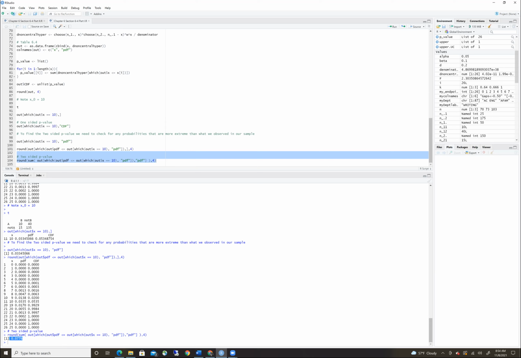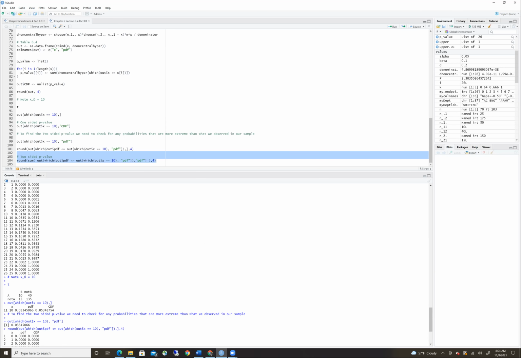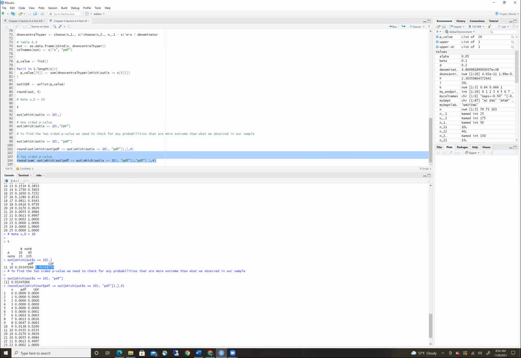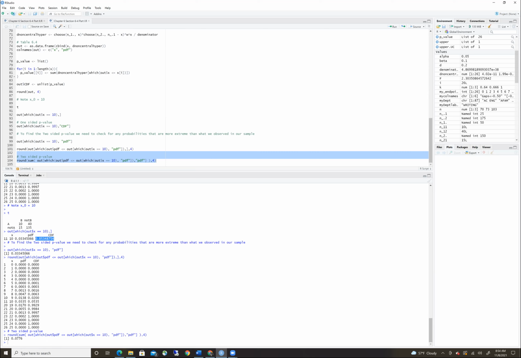Originally we were just saying, what is the CDF at 10? And we were just doubling that number. Now we're being more intricate. If the definition of the p-value is the probability of being as extreme or more extreme than the one in our sample, assuming the null hypothesis is true, then I know the value at 10 is 0.0335.